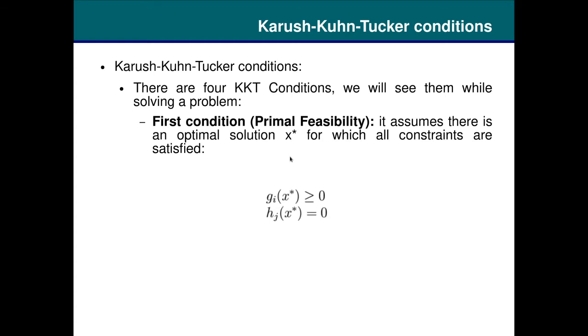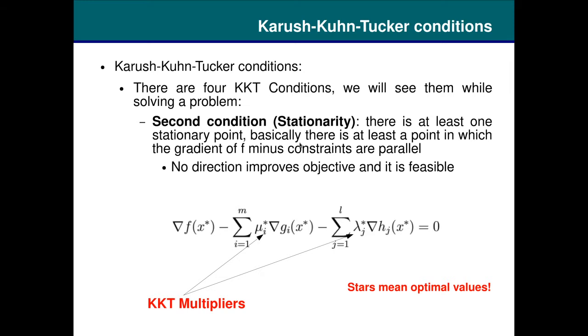So the primal feasibility is basically, okay, I need to satisfy my constraints. That's okay for now. The second condition is also referred to as stationarity. The stationarity, it's not difficult to understand this. I think you can have a big picture. Take a look at this.